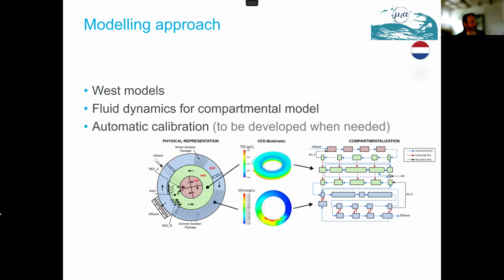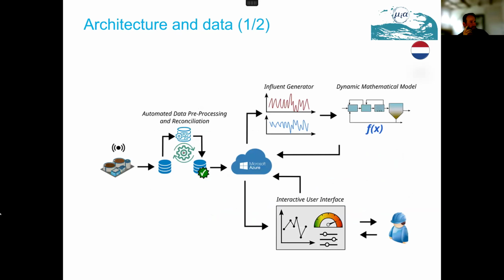We do everything in the WEST model, and we're working on automatic calibration, but that's a study that UGent is working on. The architecture is the same as the previous speaker. It's also from DHI, who is our vendor for now.